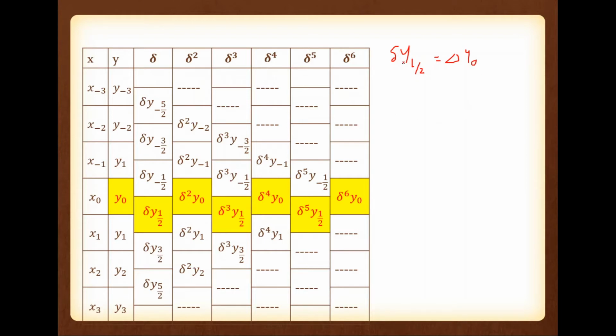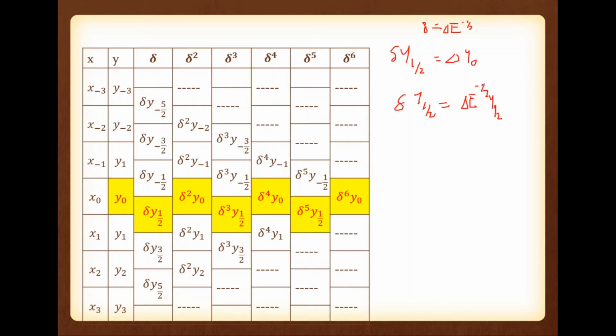Delta y0. Is it okay? So if you are converting this one, please note what is theta? Theta is equal to delta e raised to minus 1/2. So theta y1/2 is equal to delta e raised to minus 1/2 y1/2.